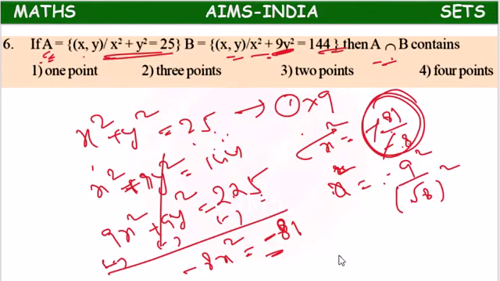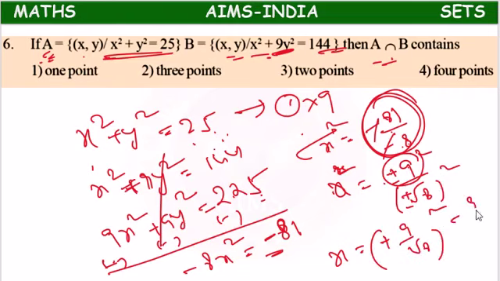Or x equal to plus or minus 9 by root 8. For x we can have two values: plus 9 by root 8 and minus 9 by root 8.